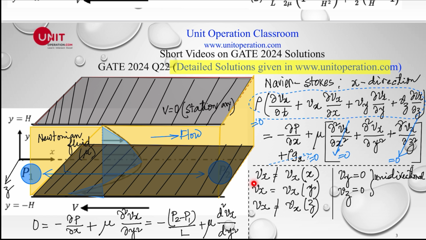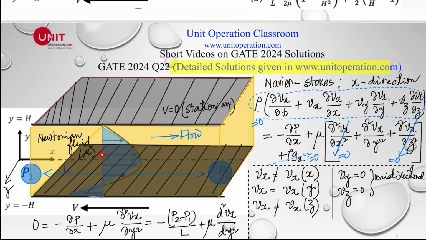So Vx, the velocity of the fluid in this direction, is not a function of x. That means it is a constant velocity moving in this direction. But Vx is a function of y. The velocity of the fluid between the two plates has a certain value at a certain y.